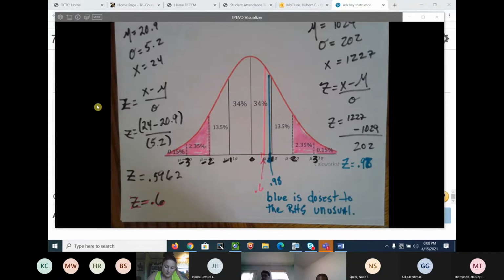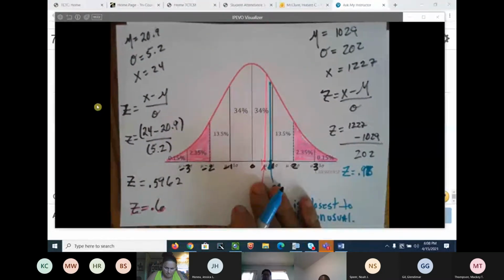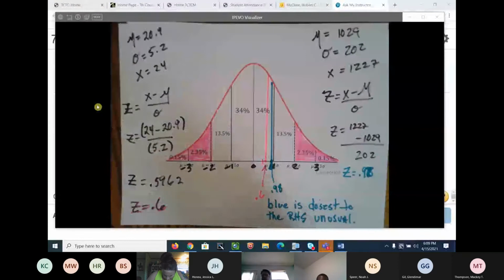So if it's closer to an outlier, then it's a higher score is what you're telling me, because once you go 2, 3, those are higher numbers, correct? Yeah. So that's why it's a higher score. Think of it like this: what is more unusual, a failing SAT grade or an 1800?